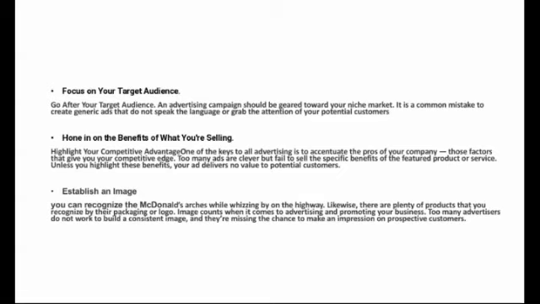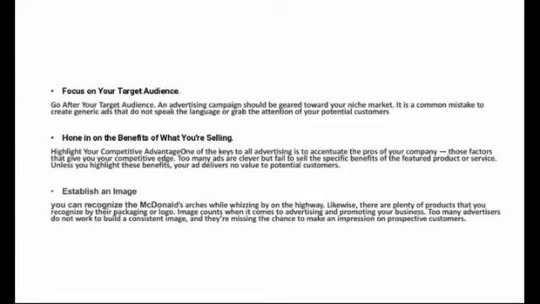The second tip is to hone in on the benefits of what you are selling. It means highlighting the competitive advantage. One of the keys to all advertising is to accentuate the pros of your company, those factors that give you your competitive edge. Too many ads are clever but fail to sell the specific benefits of the featured product or service.